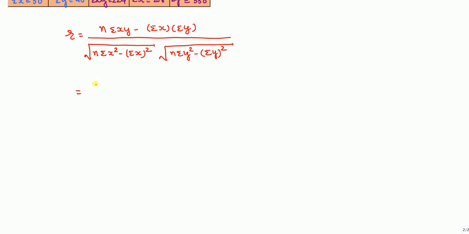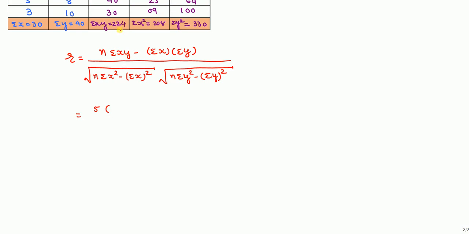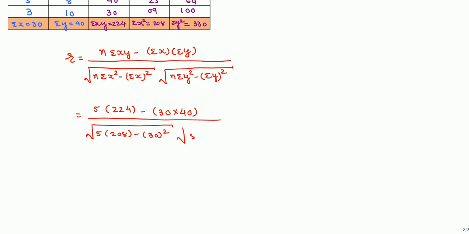So we are putting n equals 5 into sigma xy, 224, sigma x 30 into sigma y 40, upon under root of 5 sigma x square 208 minus sigma x 30 whole square, multiplied by another under root of n equals 5, sigma y square 330 minus sigma y 40 whole square.